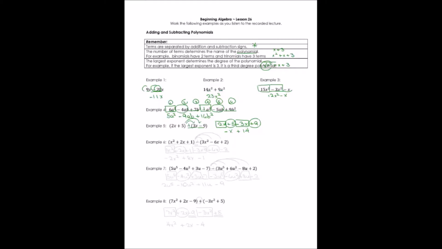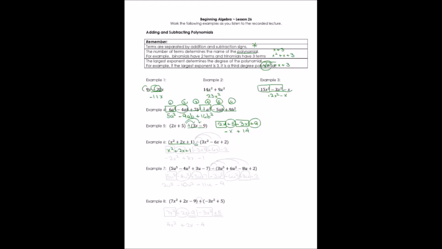Let's see if we can do the same thing with example 6. This would be a good one for you to try on your own. Notice that the first trinomial doesn't have any like terms, and the second trinomial has a negative that has to be distributed. So try that first and then see how well you did. Well, first I'm just going to write down my first trinomial, x squared plus 2x plus 1.